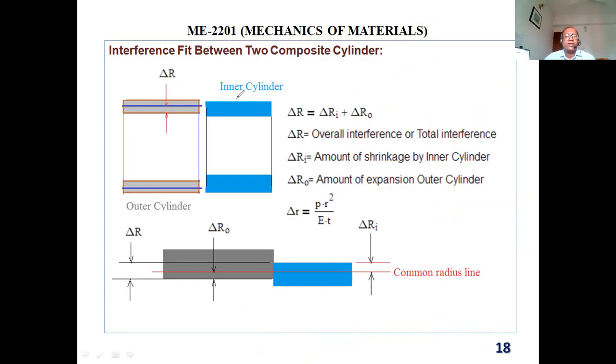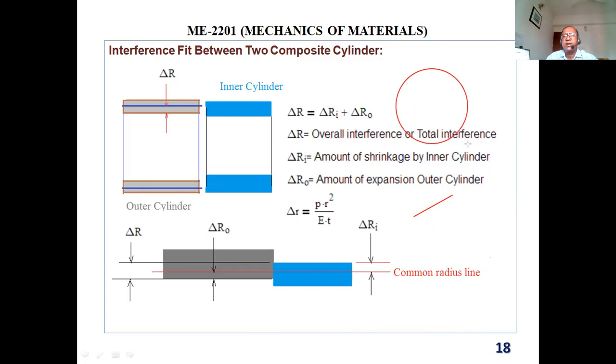So in that case, what actually happens? This one, say, is the inner cylinder. This inner cylinder should have an outer diameter, right? One second.